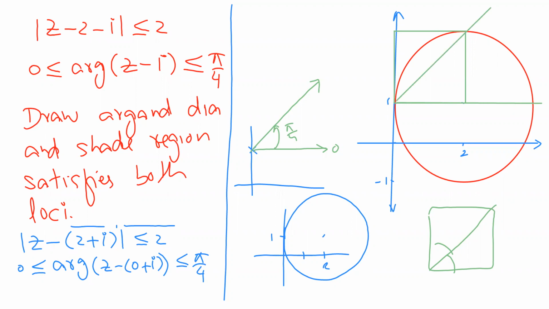And I'm going to rub out the rest; the rest is only for helping. This is pi by 4. This line represents the pi by 4 angle, and this line represents the 0 angle.